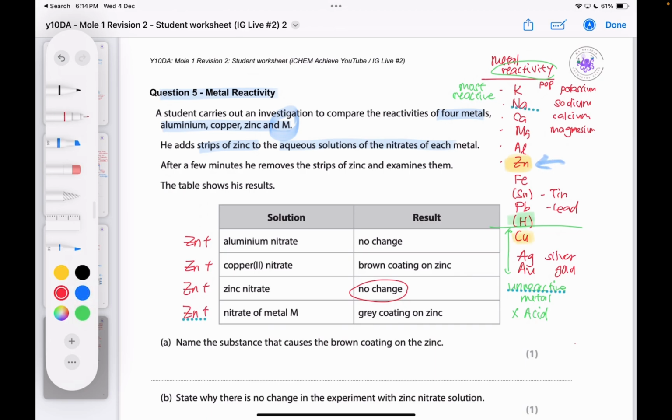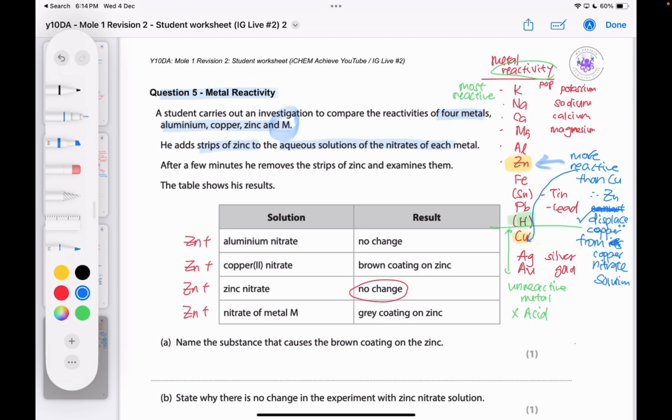So what this means is my zinc is actually more reactive than my copper. Therefore zinc has the ability to displace copper from copper nitrate solution.